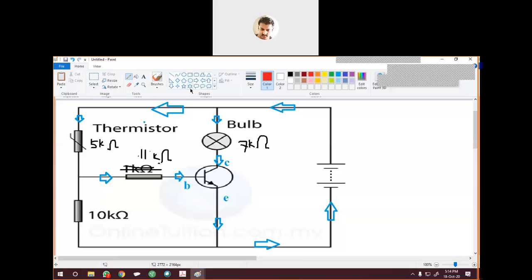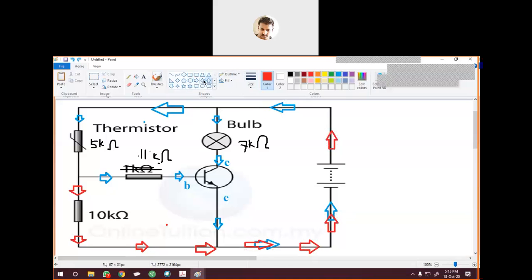Now the current will split between 10 and 11, and since 11 is too big compared to 10, current will flow downwards. So when current flows downwards, is there any current going to the base or not? No, sir, therefore the light won't light up. Yes, the light bulb won't work because the base gets no current, so the switch is still switched off.